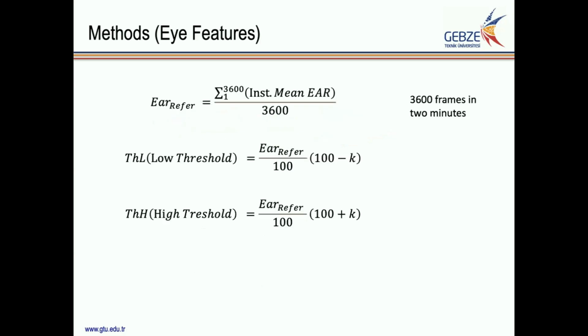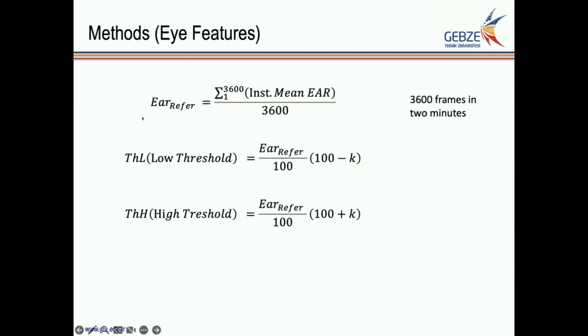But as I said before, during the first 2 minutes, we are monitoring the people, and because our video has 3600 frames within 2 minutes, we get an average of this one.